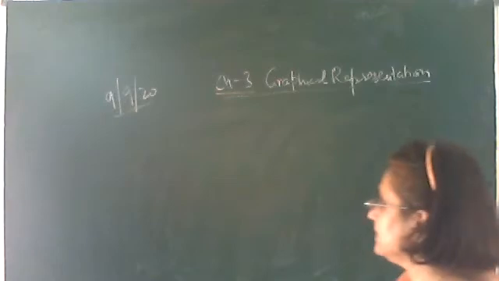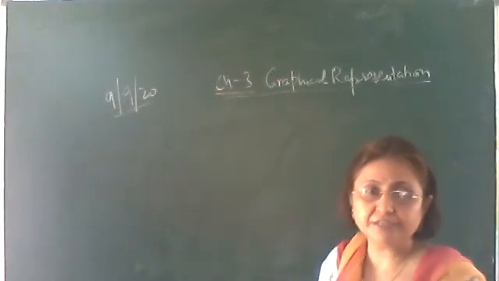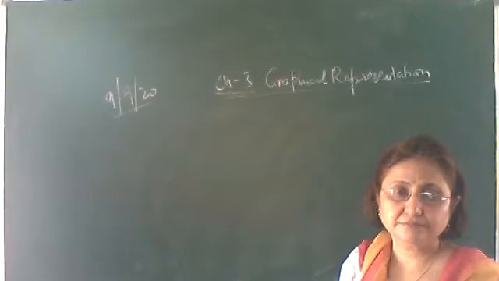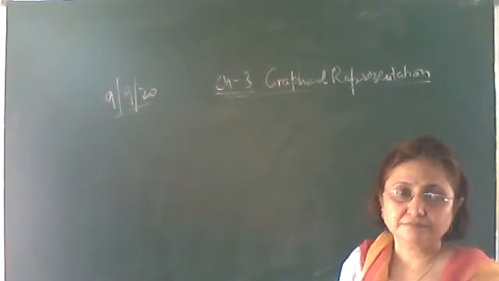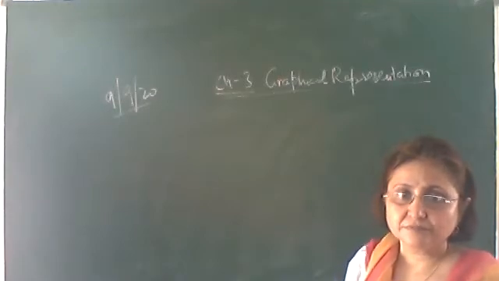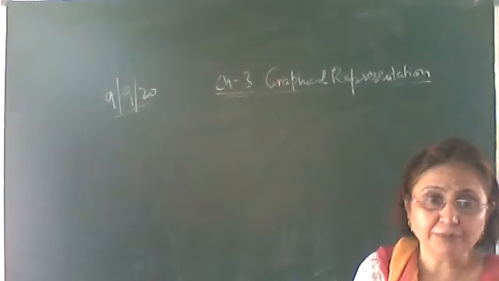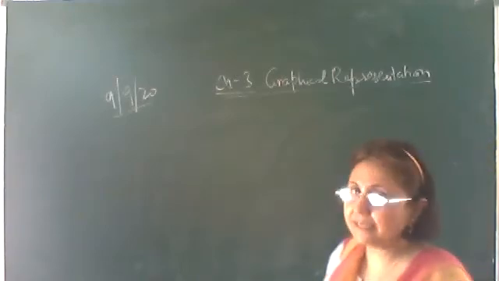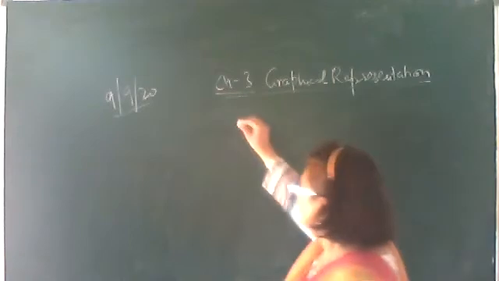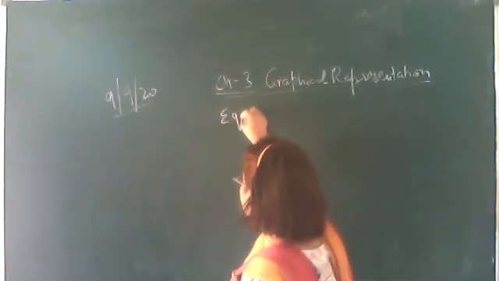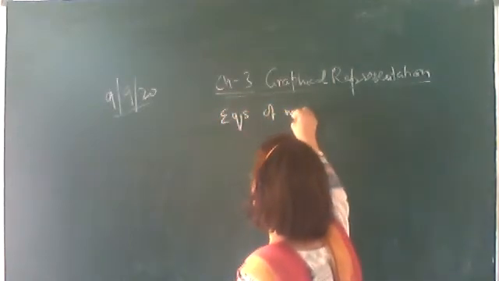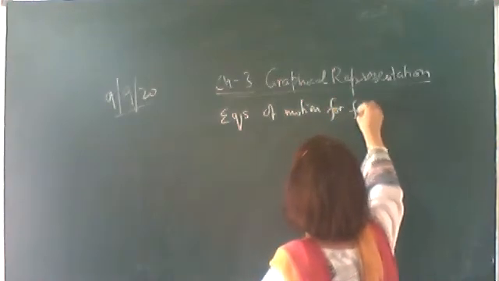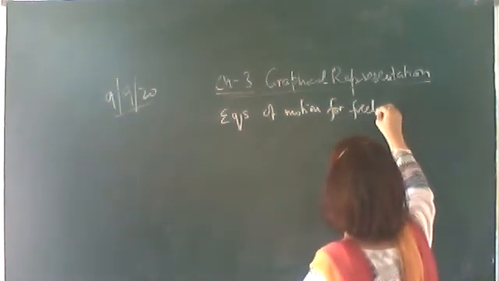So it is uniformly accelerated motion. Now let's write the equations of motion for free fall, for a freely falling object.